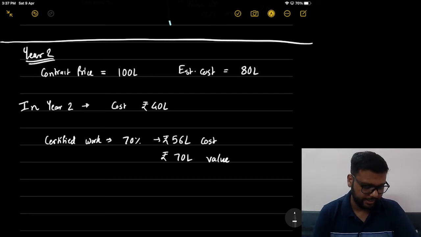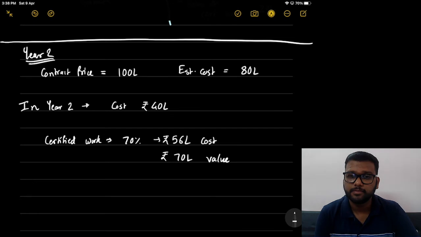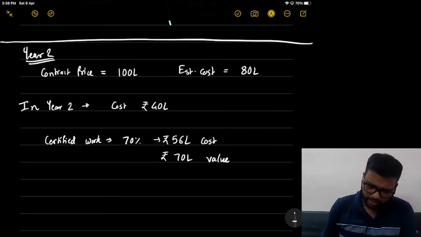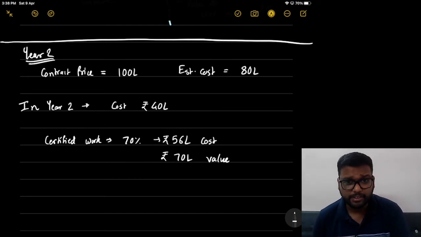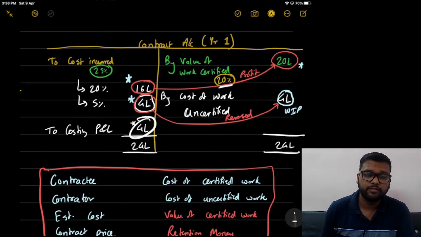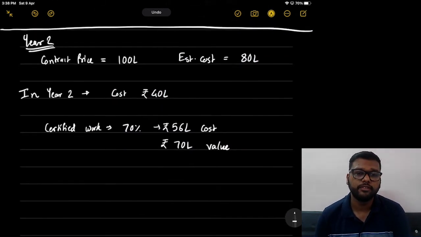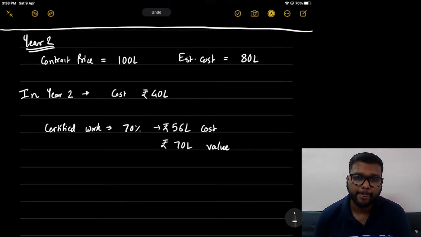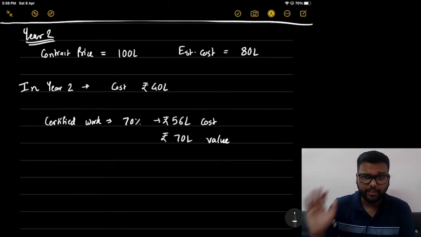Okay, because it is the difference between these two, right? 14 lakhs. Correct? But understand, out of this, 4 lakhs we have already recorded last year, right? That means right now only 10 lakhs should be recorded. Fine. Let's see how we can record it very carefully.